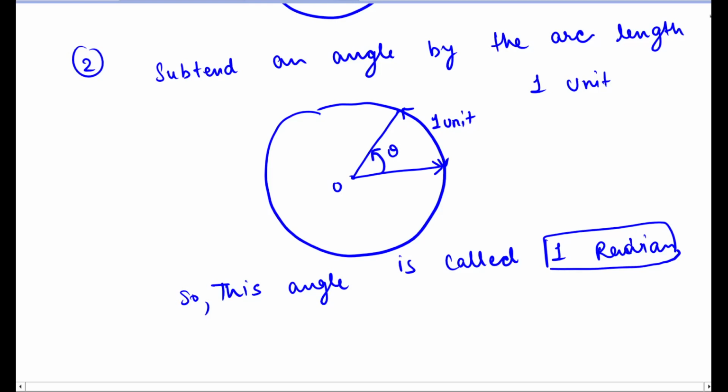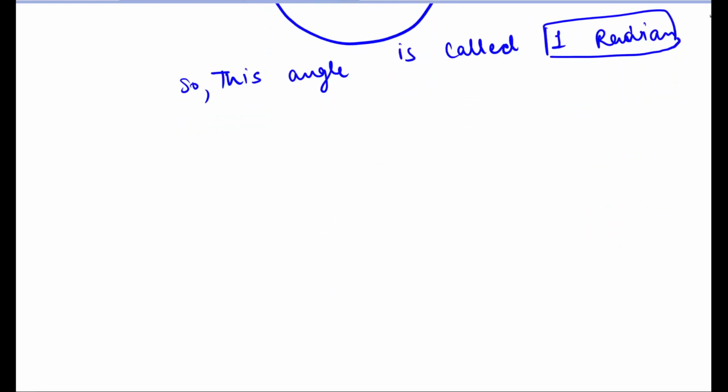So this is the definition of radian. From the above construction, we can define radian as follows.